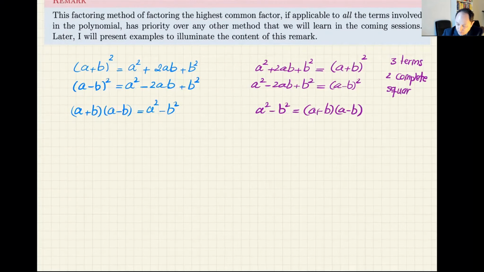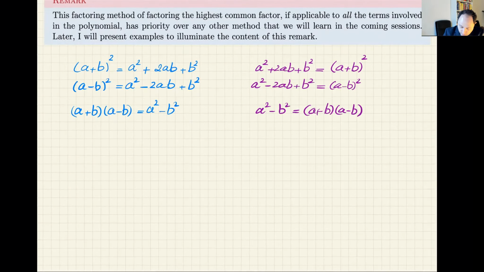So if you don't mind, let me write them properly. For the first one, let me give it a name, number 1, and then number 2. Okay, so for number 1, I have 3 terms.